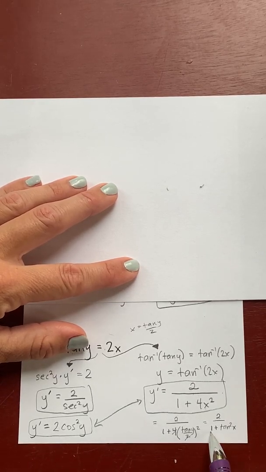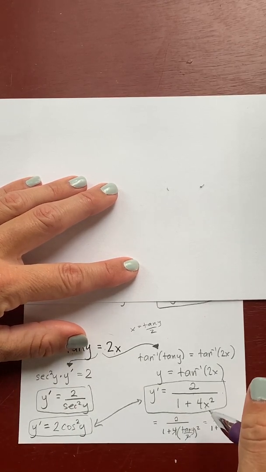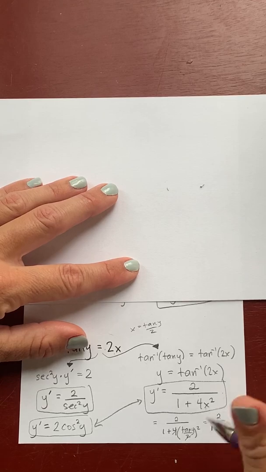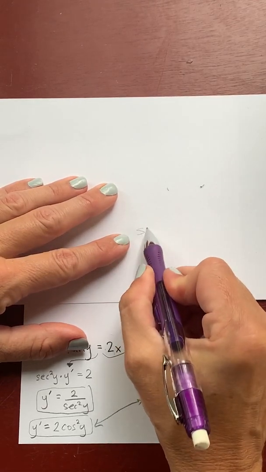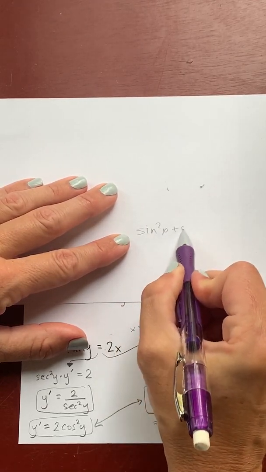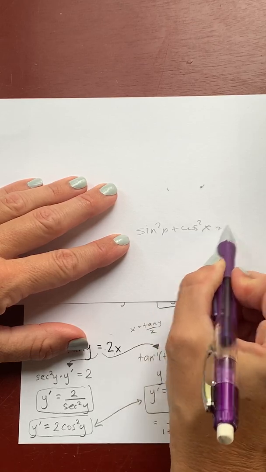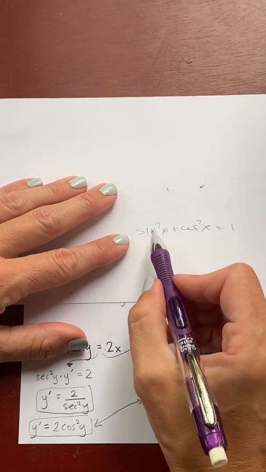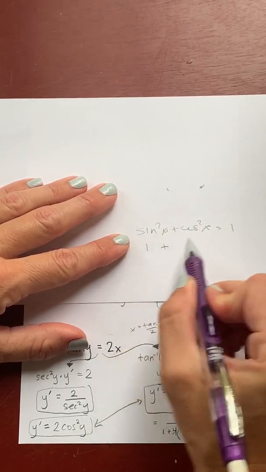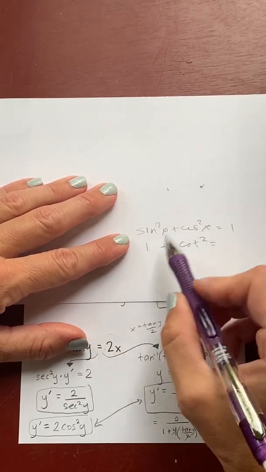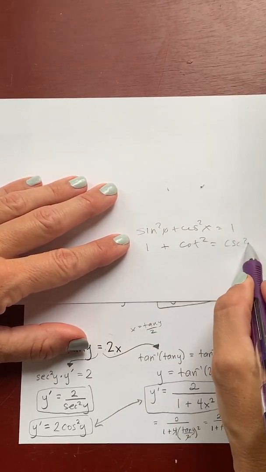Does anyone know what 1 plus tangent squared equals? It's one of those Pythagorean identities. Remember from pre-cal, sine squared plus cosine squared equals 1. And then you have the ones that come from that. You've got 1 plus cotangent squared equals cosecant squared.